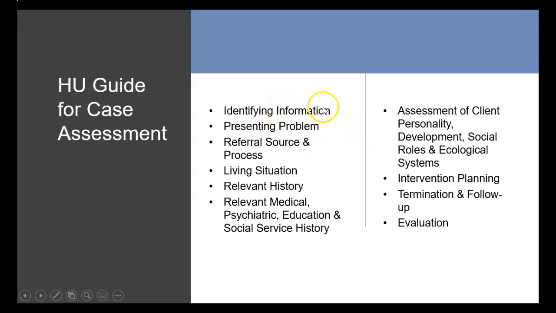It's a template, but it helps you identify identifying information for the client, presenting problem of the client, referral sources and process, the living situation of the client, relevant history, relevant medical, psychiatric, education, and social service history, assessment of client personality, or assessment of client development or social roles and/or ecological systems, intervention planning, termination and follow-up, and evaluation.